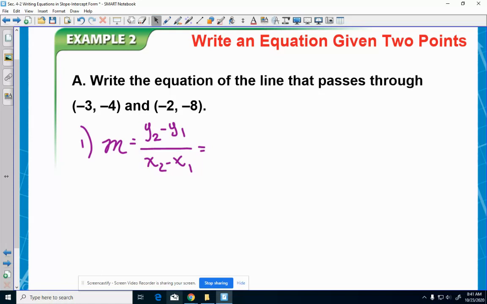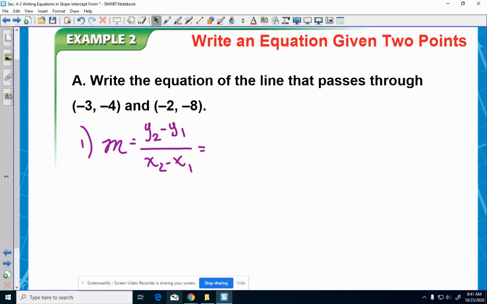So you literally pick one. It makes no difference. They're both part of the same line. So my suggestion would be pick the one that looks easier. In this case, unfortunately, they're both negative, so that doesn't make anything nicer. Like, if one of them was all positive, I'd pick that one. If it's 2 negatives versus 1 negative, I'd pick the 1 negative. But in this case, they're both negative, so whatever.